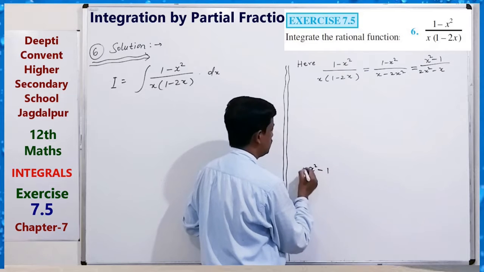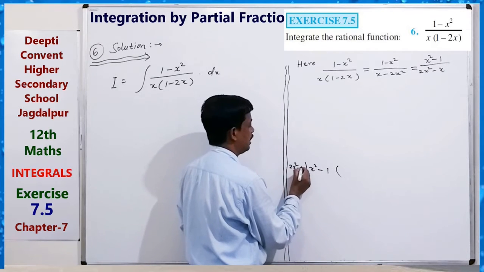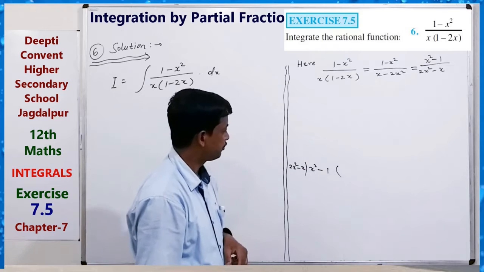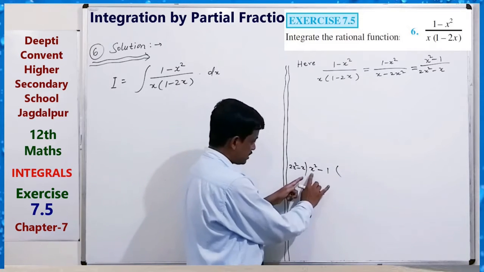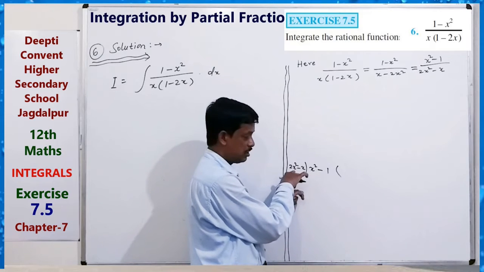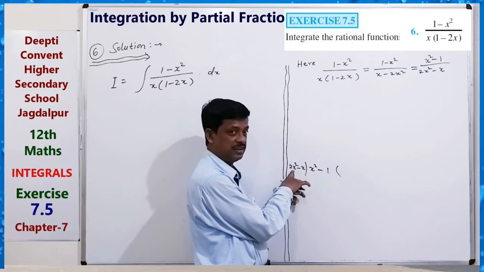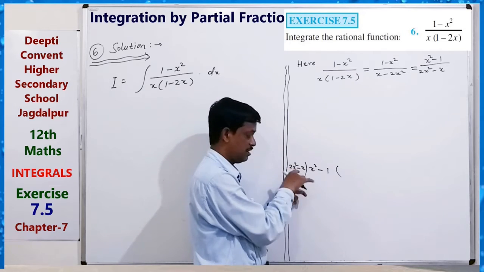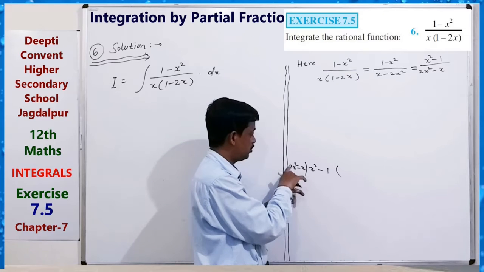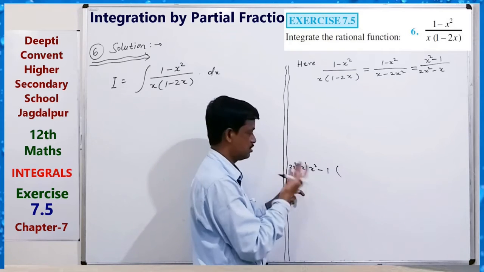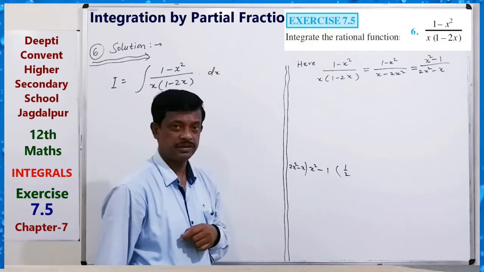x square minus 1 is divided by what? 2x square minus x. So, how can you divide it? Here is x square. To make it x square, you have to multiply by 1 by 2. So 2 into 1 by 2, the 2 cancels, and we get half times.